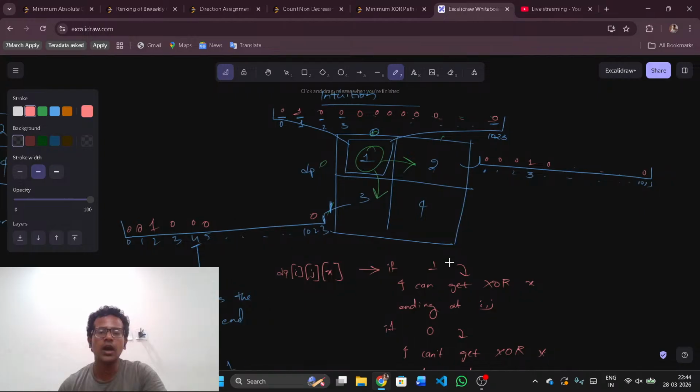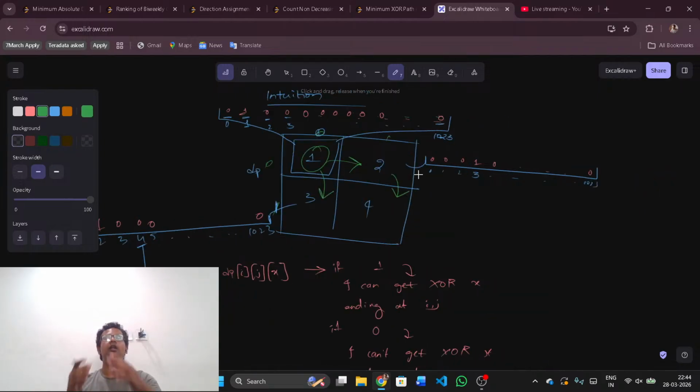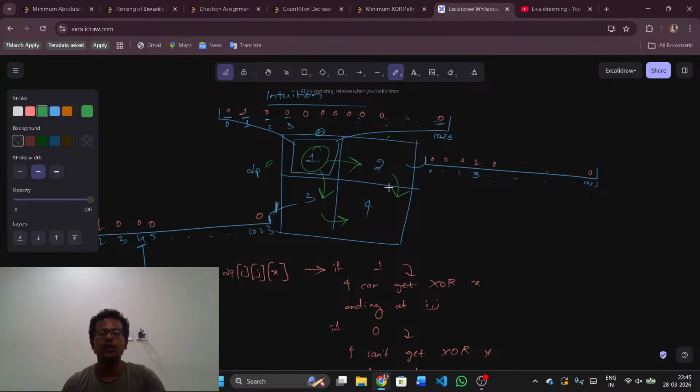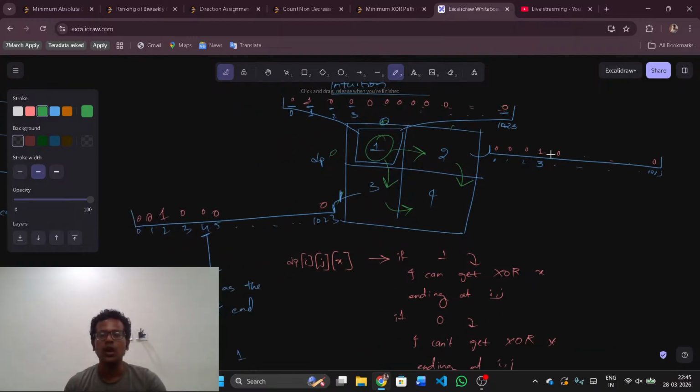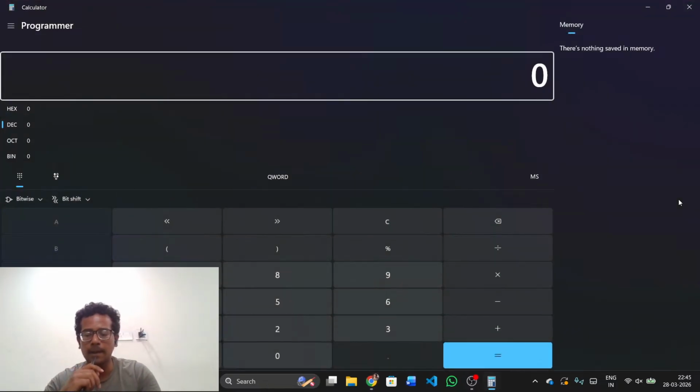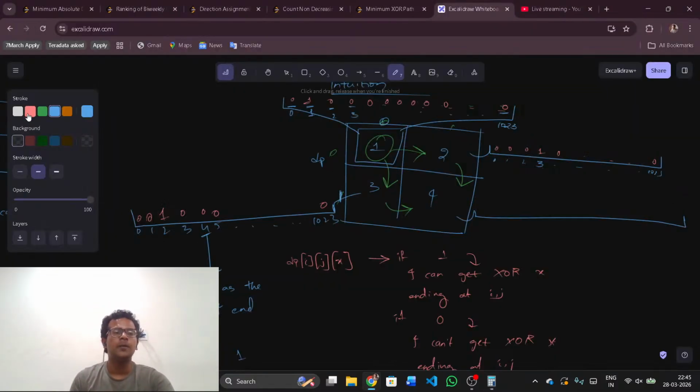Now I will go to 4. Here comes the actual thing. I can get the XOR from the top and I can also get the XOR from the left. If I get the XOR from the top, I can get only 3 as the XOR. So 3 XOR 4 will be 7. So 7 will be true.